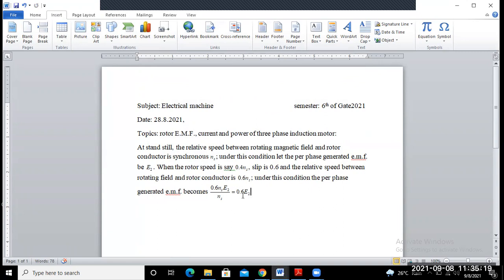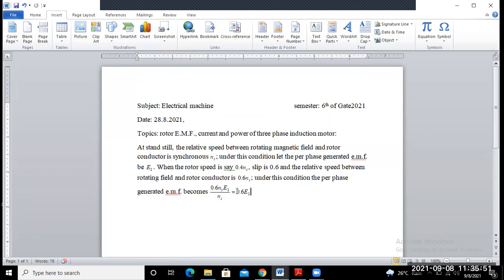Keep in mind that when you deal with the three-phase induction motor, the rotor EMF induced is the product of the slip, where slip is the synchronous speed minus rotor speed divided by synchronous speed, multiplied by E2.